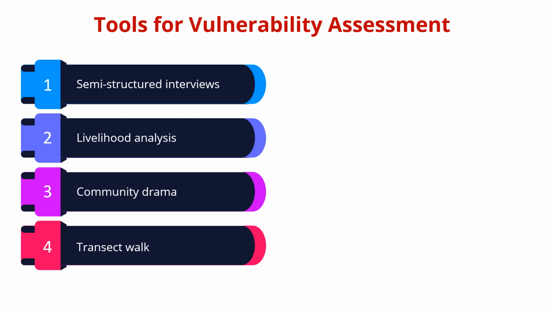So first, community participation. A transect walk is typically done with the involvement of community members. This participation helps incorporate local knowledge and perspectives into the assessments. Physical inspections. The walk allows for direct observation of the community's physical structures, geographical features, and environmental conditions, which can inform the understanding of potential hazards and vulnerabilities.